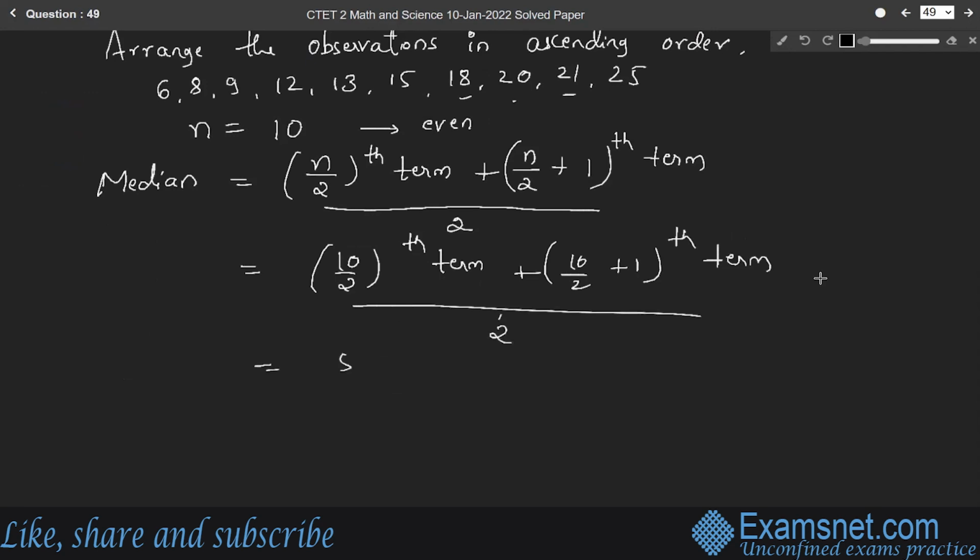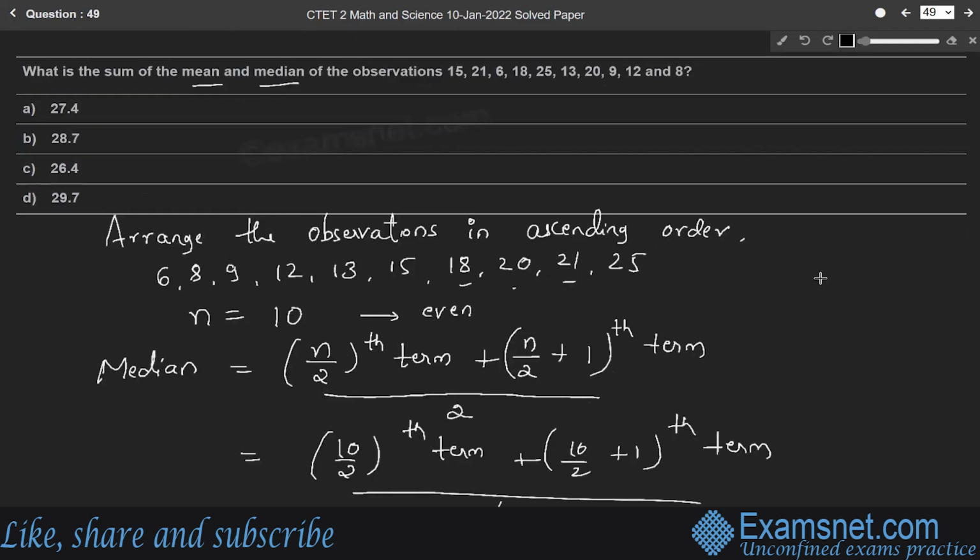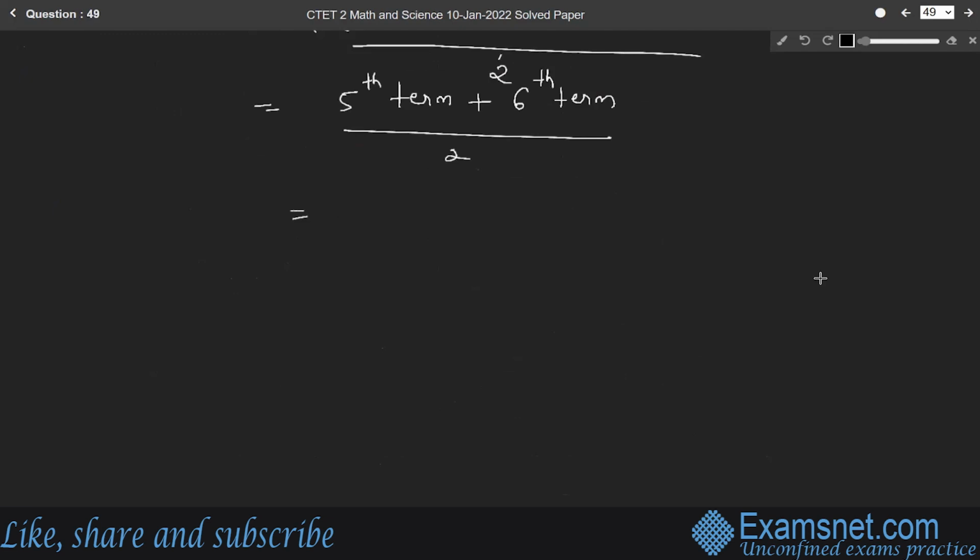So what is the 5th term here? 5th term plus 6th term by 2. 5th term is 13. 6th term is 15. Therefore, 13 plus 15 by 2, which is equal to 28 by 2, which is 14. Therefore, the median of the given observations is 14.